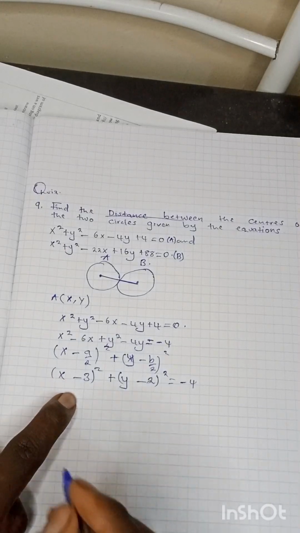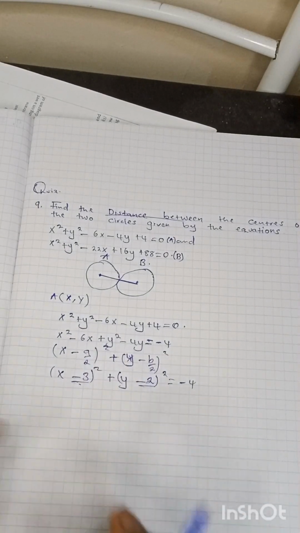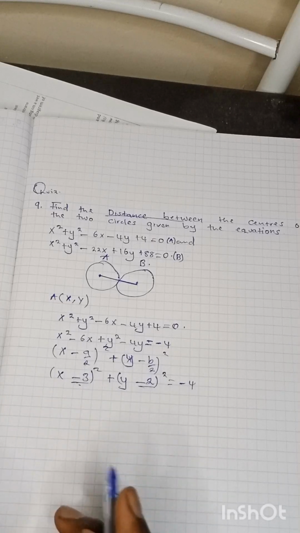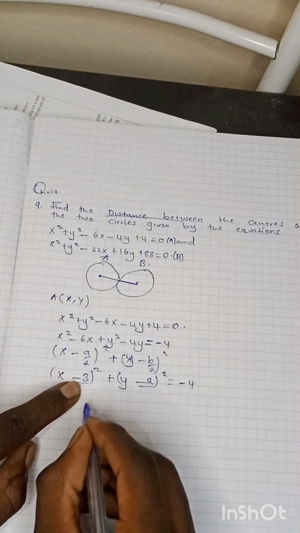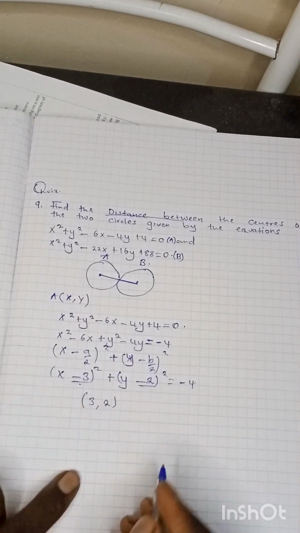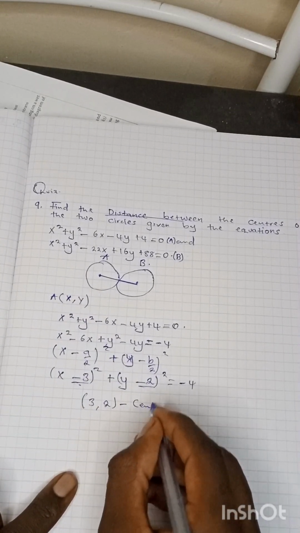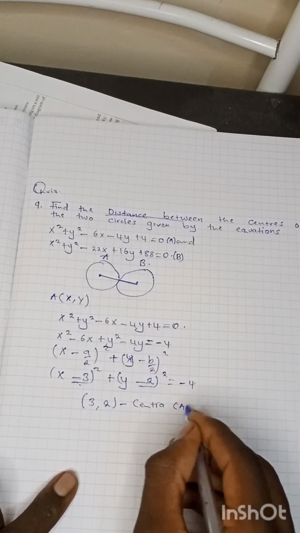For you to get the coordinates of the center, you take these values, but remember, this is the most important part: you change the sign. It is negative 3, so it will be positive 3, and positive 2. Those are the coordinates of the center of the first circle, A.